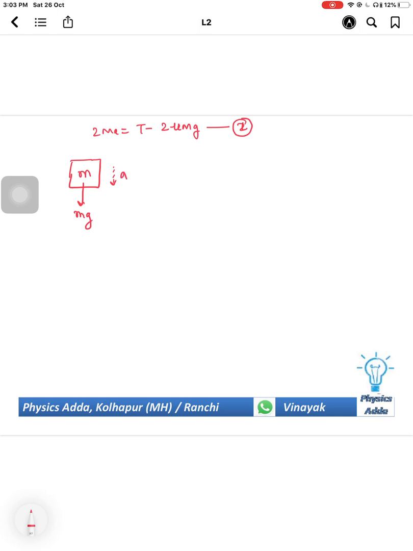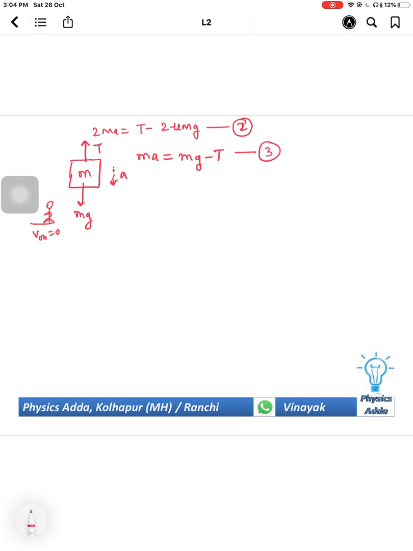Motion is downwards, and tension force will be upwards. So m into a is equal to what is the force in the direction of relative motion? If my observer is standing here, V observer is 0, then ma is equal to mg minus T, right? mg minus T. So this is equation number 3.